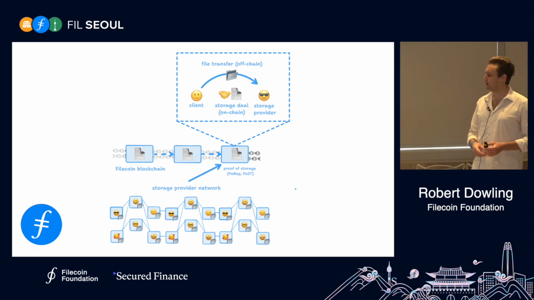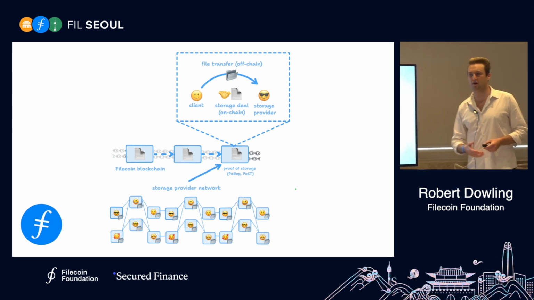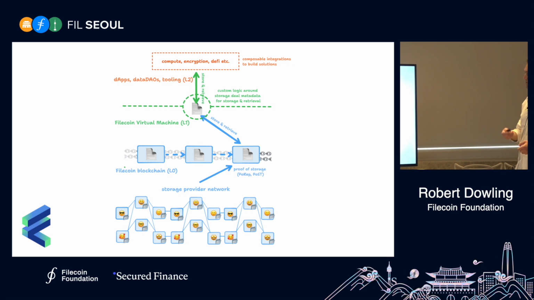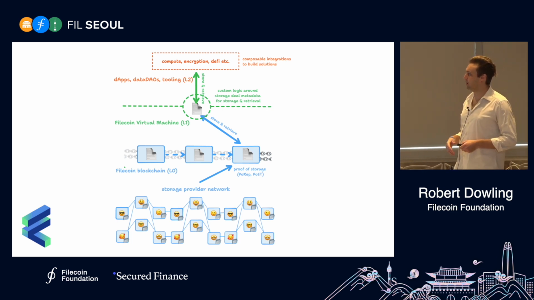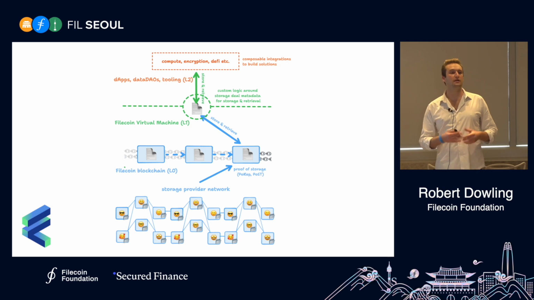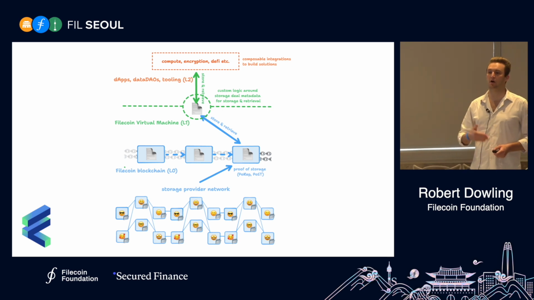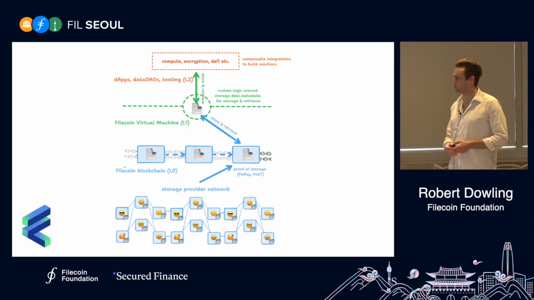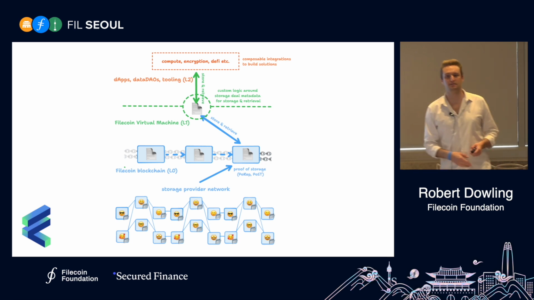But with Filecoin, because the blockchain accesses that marketplace, you have more assurance that your deal will be there in perpetuity. And then FVM will more or less enable a number of different use cases on top of the Filecoin blockchain because you can do custom logic around storage deal creation and retrieval. And FVM actually sits right in the blockchain layer.